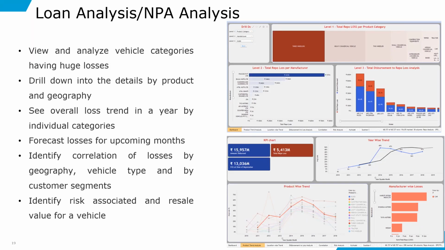And again, when you are doing this kind of analysis, you might want to mix it up with the collateral you have. So for example, even if something is going bad, you might want to run some simulation or do what-if analysis: even if X percentage of things goes for a toss, how much can I recover, or how can I recover by selling the assets under the guarantee I have, or without the guarantee as well, right?